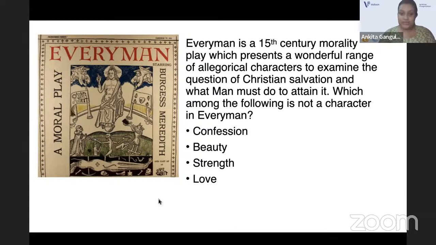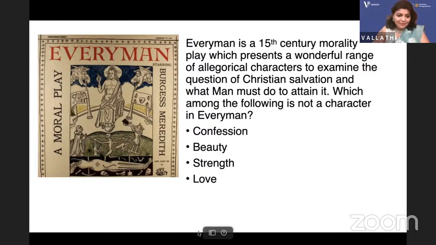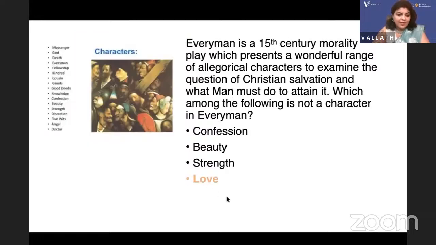Confession, beauty, strength, or love? It is love. Confession, beauty, and strength are characters. We should look up Everyman and Castle of Perseverance, because these are also prescribed in universities. I have seen them in university syllabi. It is good if you look them up.